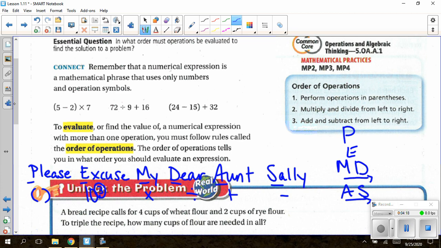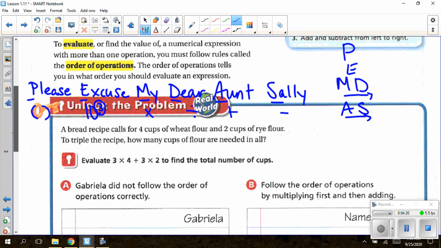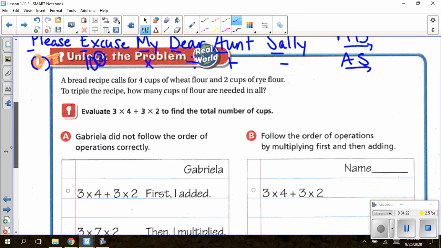Now to do our first question under Unlock the Problem. A bread recipe calls for 4 cups of wheat flour and 2 cups of rye flour. To triple the recipe, how many cups of flour are needed in all? To figure out the total number of cups, we take the expression 3 times 4 because we are tripling the batch.